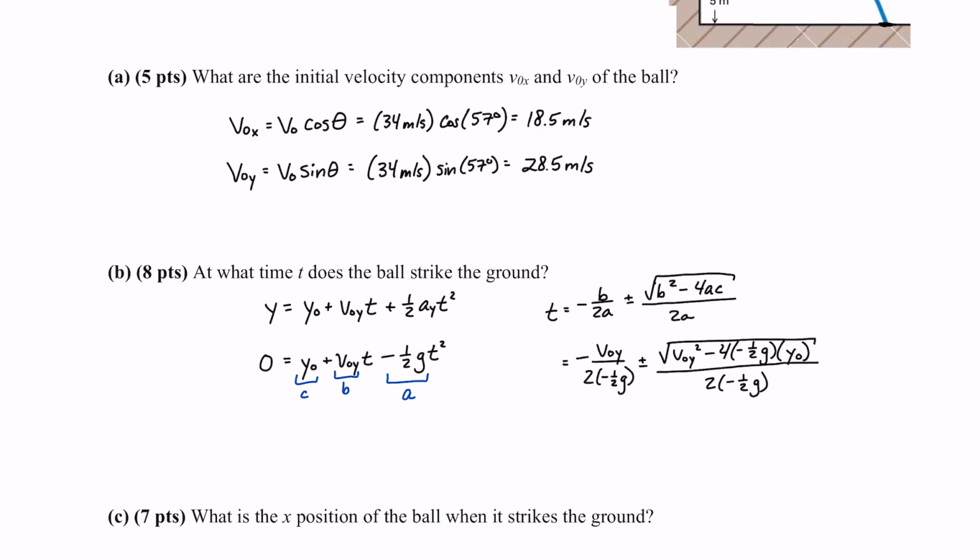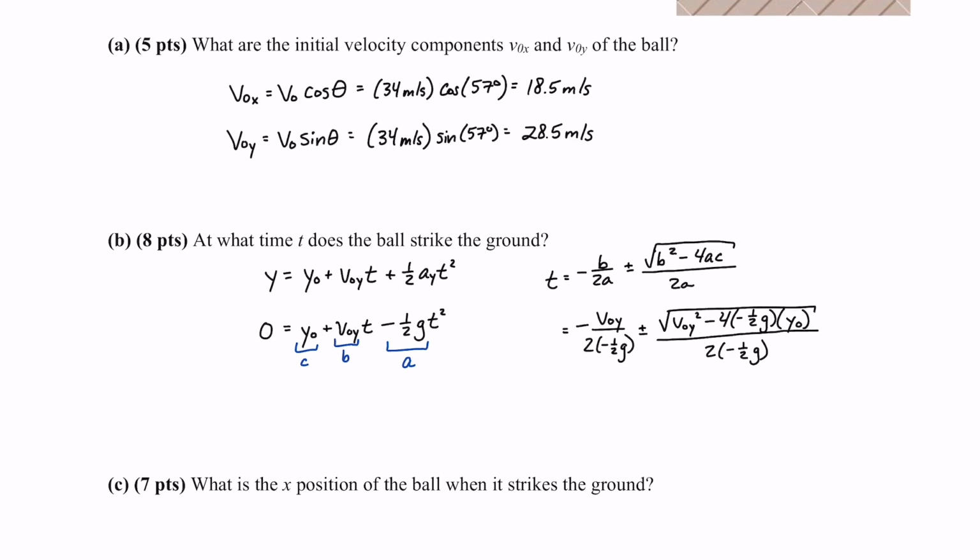We can simplify this and plug in our numbers to get 28.5 over 2 times 1/2, which gives us 1, so it's just g in the denominator. And these two minus signs cancel. Plus or minus the square root of the value for v y naught squared.